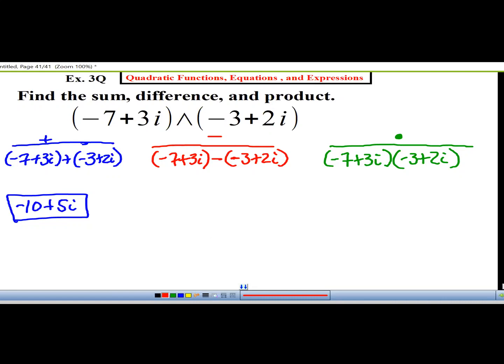What'd you get for the difference? I got 1 plus 1i. Okay, so let's see. If we distribute the negative here, we got positive 3 and negative 2i. Oh, wait, no. I accidentally copied down the same thing.